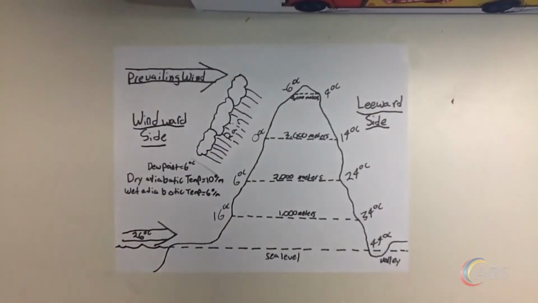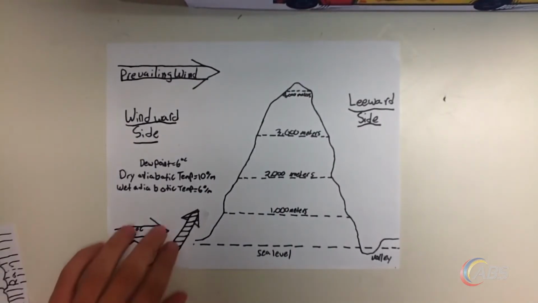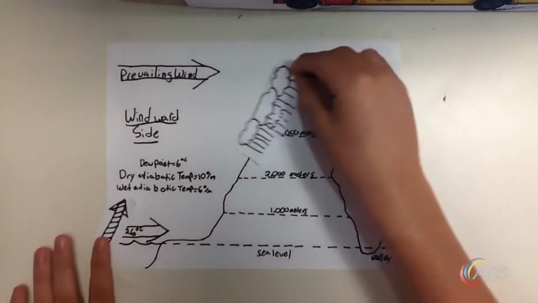Hi, my name's Ethan. And I'm Melissa, and we will be showing you how to find adiabatic temperature change. Before we begin, we should start off with the basics. As air rises over a mountain, it cools until it reaches the top. If it cools down to the equivalent of dew point temperature while rising, precipitation can occur.